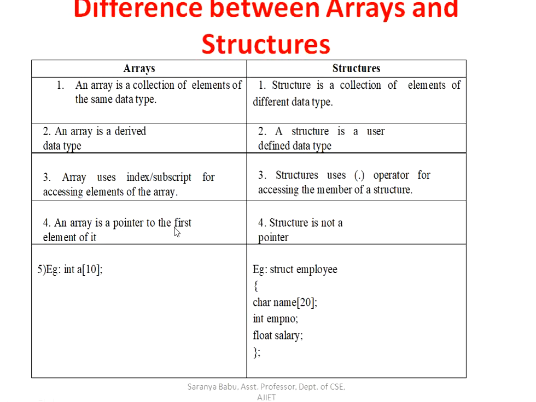Now an array is a pointer to the first element of it, whereas structure is not at all a pointer. Fine. Example, int a of 10, whereas example for structure is struct employee, give the members, end it with the semicolon. This is how you define structures. Is it clear? So this is the basic concept or the differences between arrays and structures.